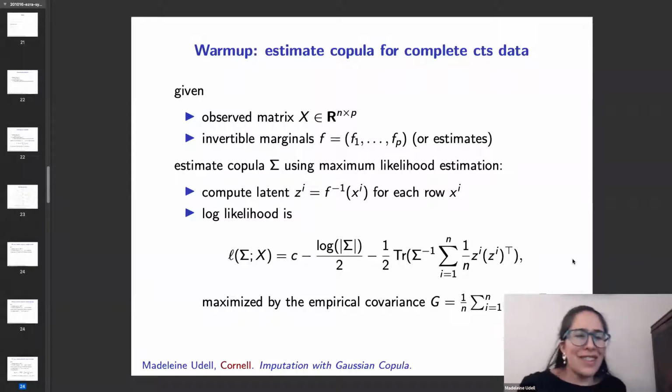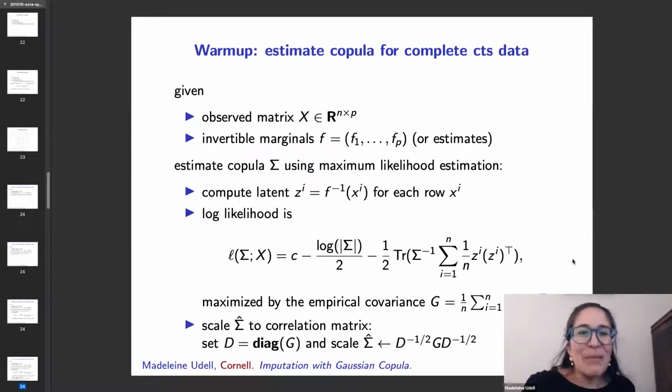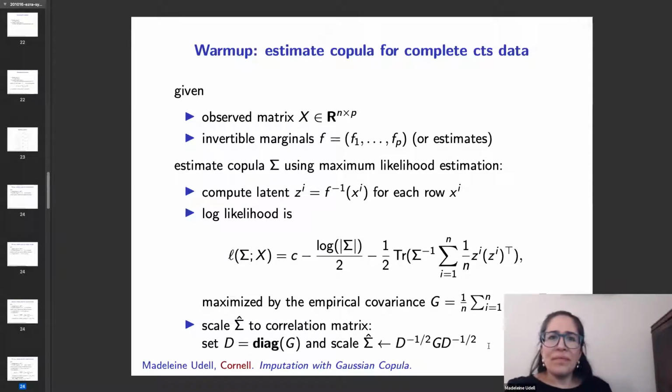Now this is a little bit funny because, based on our model assumptions, we're looking for a correlation matrix, not a covariance matrix. So we can improve the estimate just a little bit by scaling this empirical estimate to a correlation matrix. It doesn't make a big difference, but it helps in practice and makes sure that everything is consistent. So that's the case where everything's observed and everything's continuous, which is the easiest case.